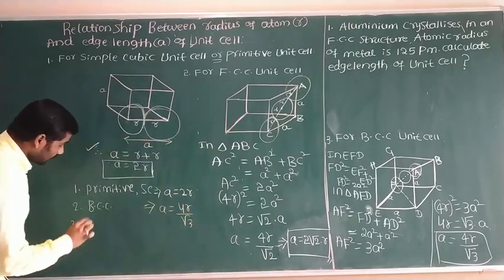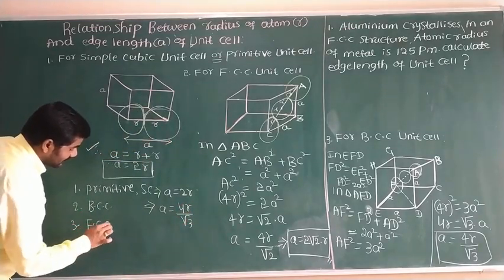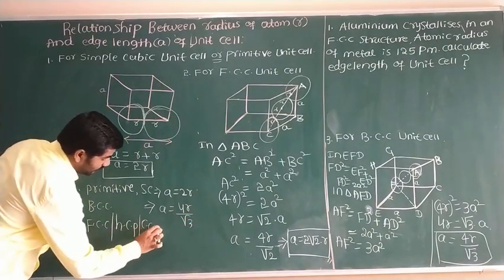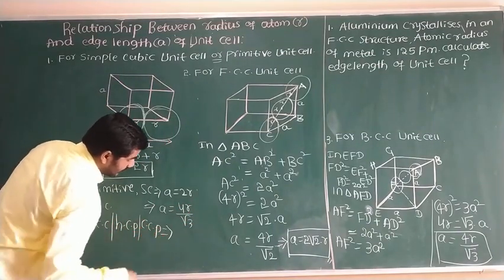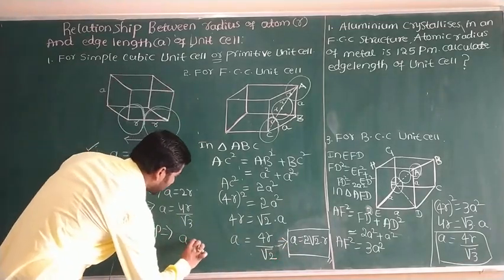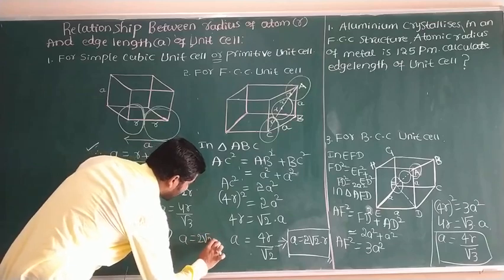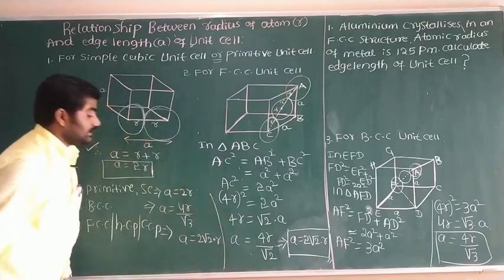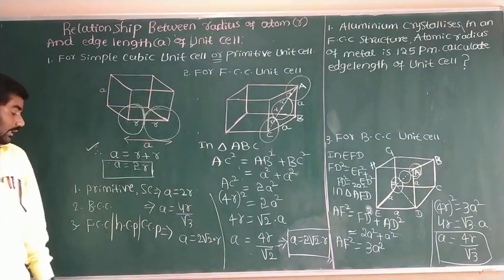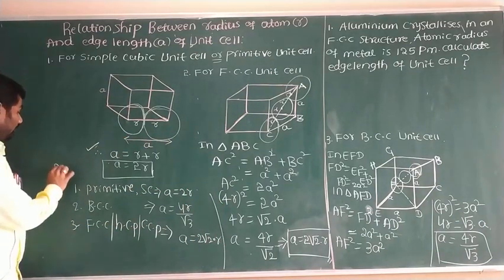Similarly, for the third one, that is the FCC unit cell, or hexagonal close packing or cubic close packing, CCP unit cell, the relationship between edge length and radius R is A equals 2 root 2 into R. Therefore, these three are the relationships between edge length and radius of the particle in various types of unit cells.